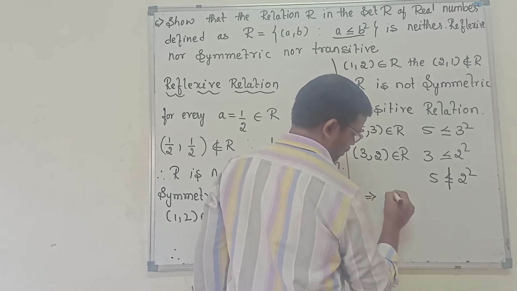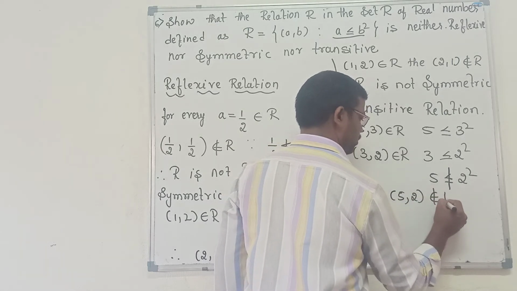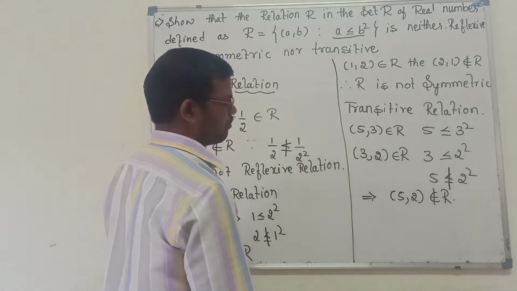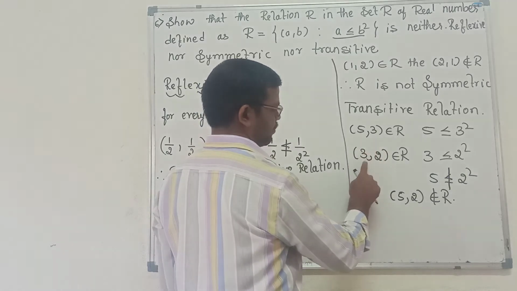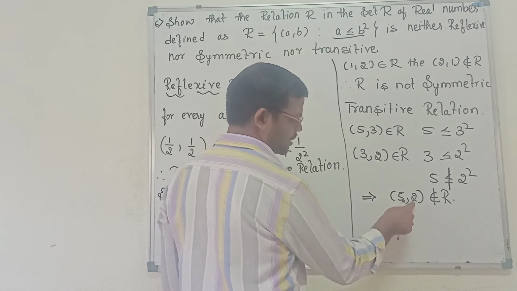Sorry. 5 comma 2 does not belong to R. So what we needed: A comma B is there, B comma C is there, then we need A comma C. But A comma C is not there.